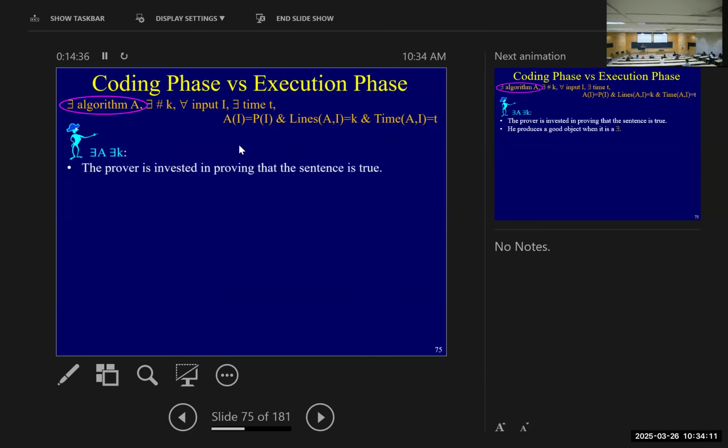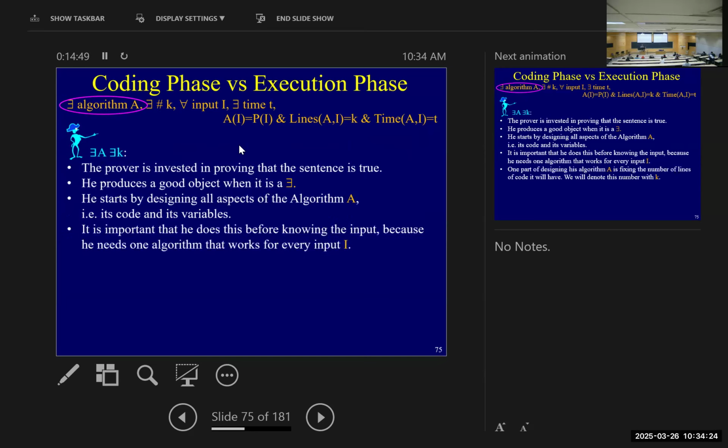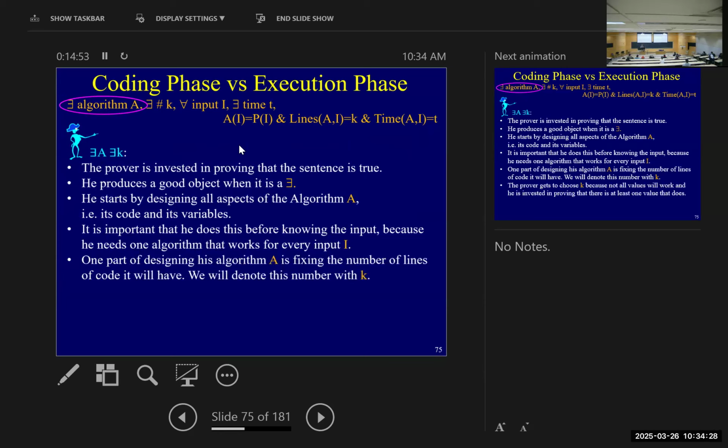So this is just the game again. How do we prove it? The prover comes up with the algorithm, the number of lines of code and its variables. He's coding it, and he doesn't know the input. You all know this already.